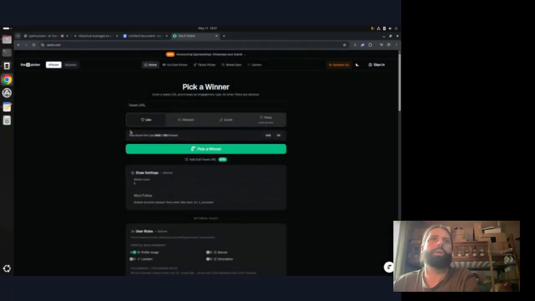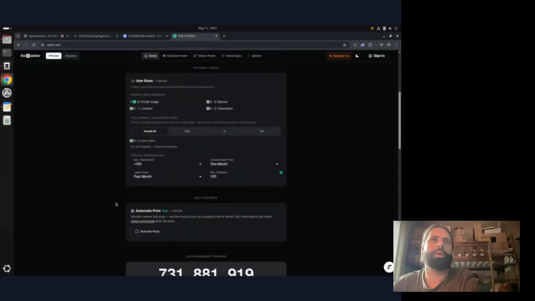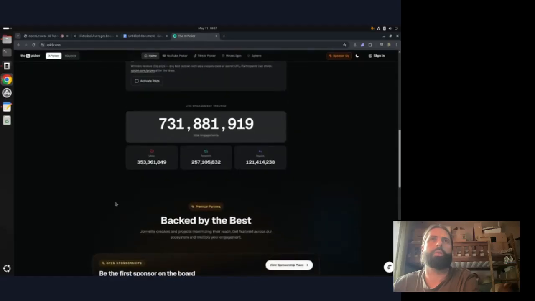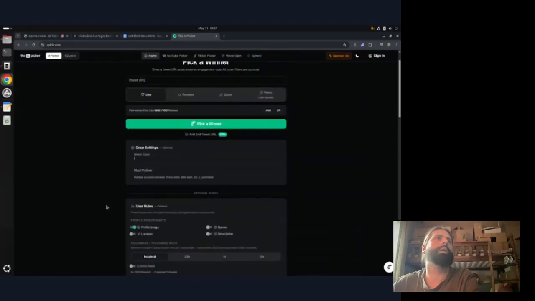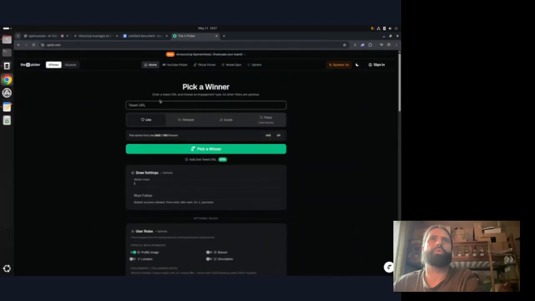Pick a winner. What is that? Enter Twitter and choose an engagement type. Are you betting on X engagements? This is crazy.